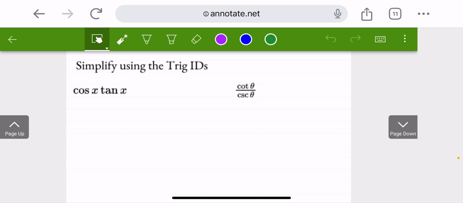So we're going to be working on simplifying with our trig identities. These are all our trig identities over here.